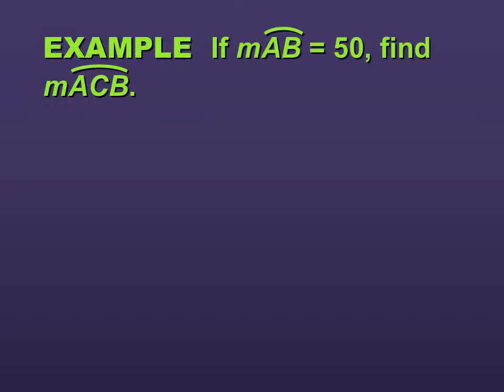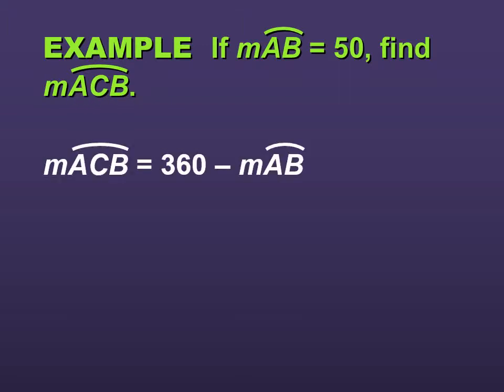So let's look at an example. Let's say we know that the measure of arc AB is 50 degrees, and we want to find the measure of major arc ACB. We can go ahead and use our formula: the measure of major arc ACB is equal to 360 minus the measure of arc AB.